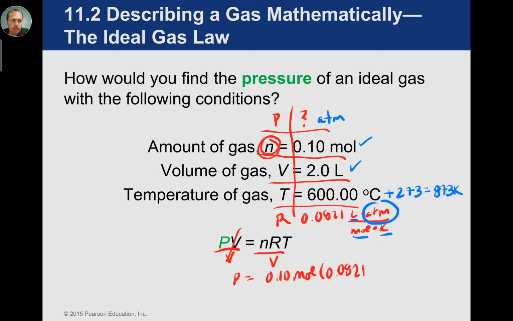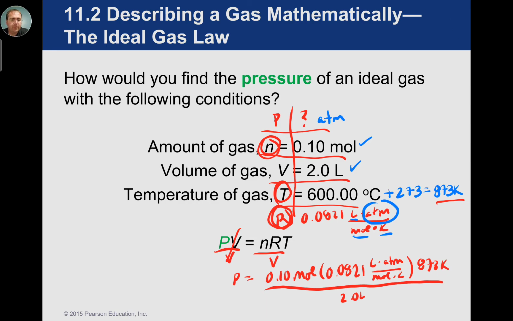That's 0.0821 liters times atmospheres over moles times Kelvin. So that was R from our chart. We have T from our chart, which was converted to 873 Kelvin. All of those three numbers multiplied together divided by V, which happens to be 2 liters.